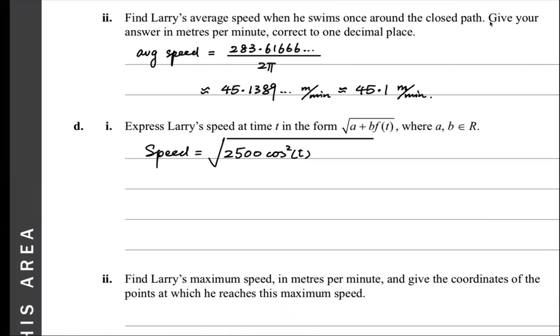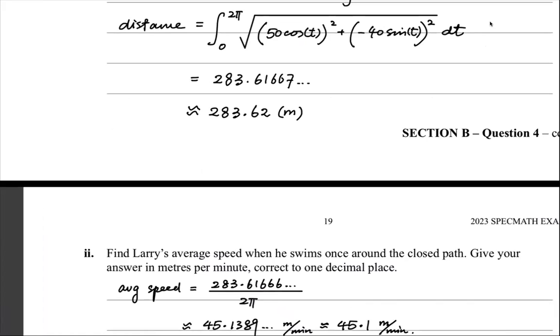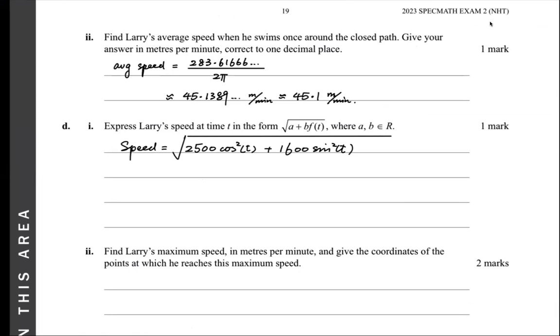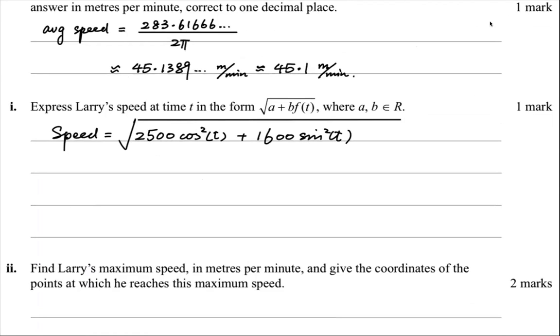And then the other part must be 40 sine t squared, that is 1600 sine squared t. But the question wants us to express this as a simplified square root trig function.